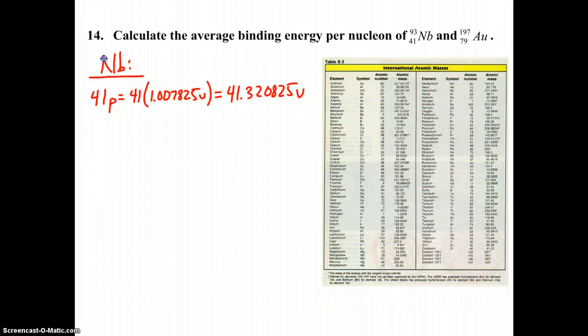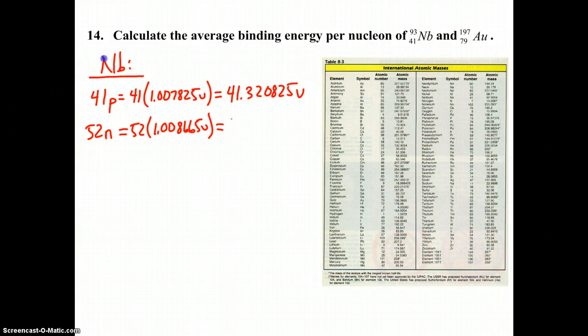We also know that it has a mass number of 93, which is the total number of neutrons and protons. We take 93 and subtract 41, and we get from that there are 52 neutrons. So the mass of 52 neutrons would be 52 times the mass of one neutron, 1.008665 atomic mass units.